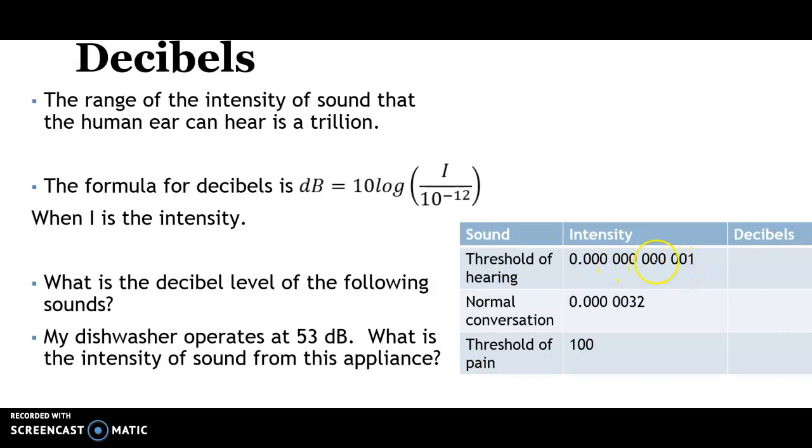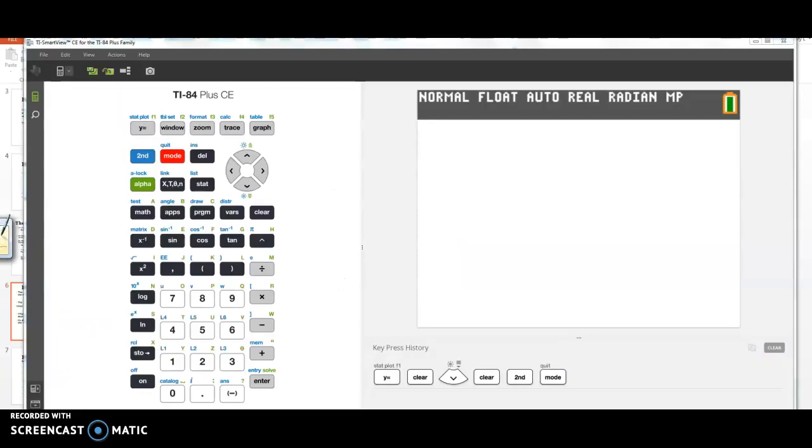So let's go to our calculator. We're going to be typing this formula to figure out the decibel level. So here we are at our calculator, and we're going to be typing.